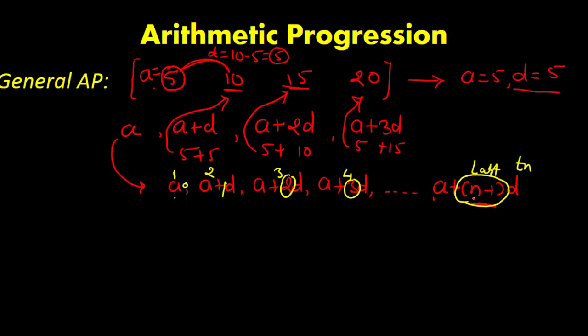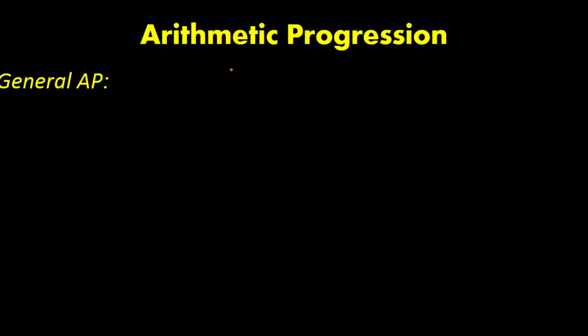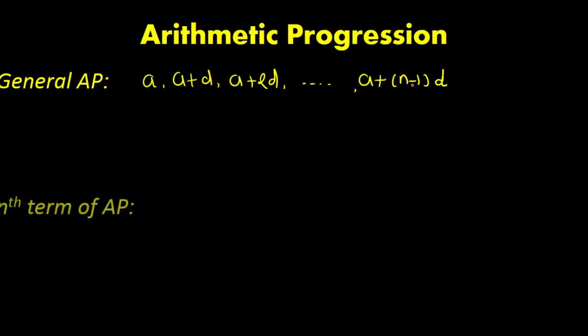So what is the general term of an AP? Always remember, it is a plus d, a plus 2d, and so on, and a plus n minus 1 d. This is our general term of an AP.